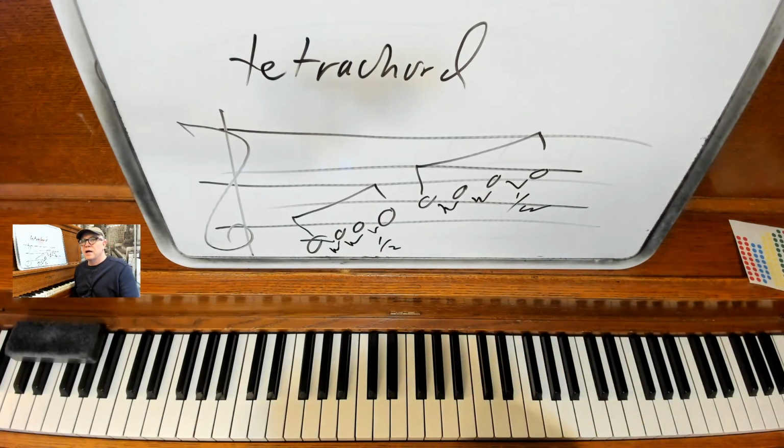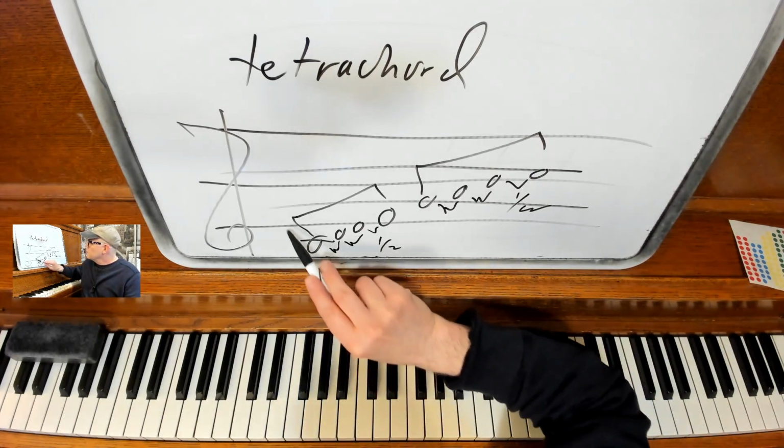And for those folks that aren't acquainted with whole steps and half steps, we can look that up. A half step being the very next key on the piano, and a whole step being 2 half steps. But C, D, E, F, and G, A, B, C share the same underlying structure.